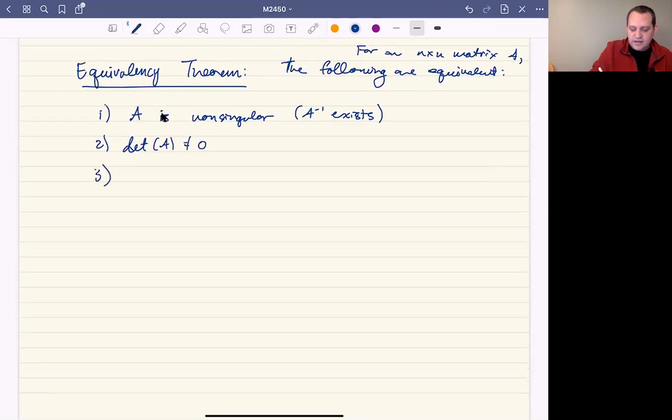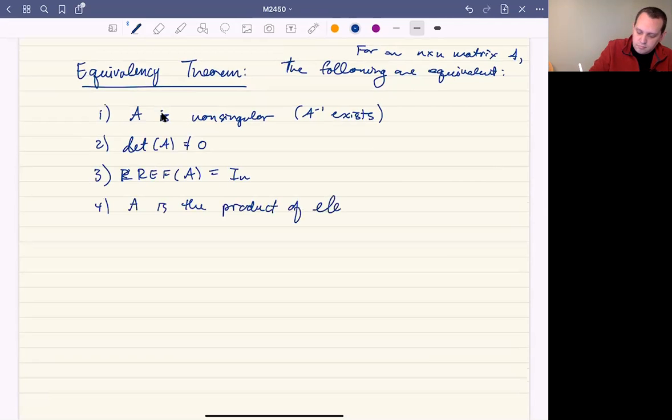That's equivalent to saying that the reduced row echelon form of A is the n by n identity. That's equivalent to saying that A is the product of elementary matrices.